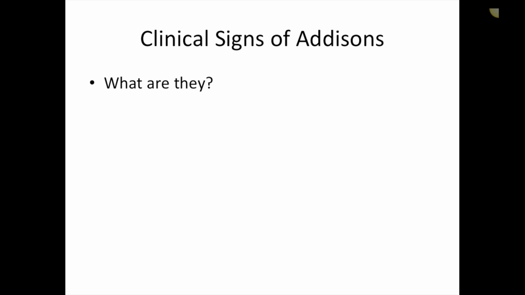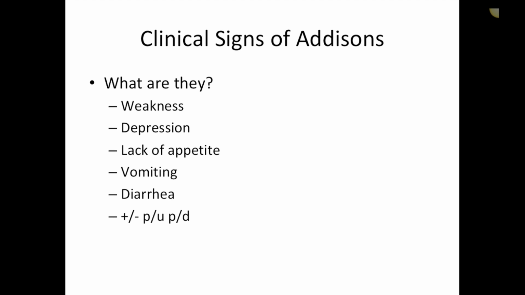There are so many ridiculous symptoms of Addison's because their cortisol and that stress effect is starting to change their electrolyte balance. It's starting to change their sodium potassium ratios. It's changing some of their other clinical chemistry values. There are so many areas of the body that sort of stop functioning at an ideal level. So, clinical signs of Addison's, anything could be a clinical sign of Addison's.